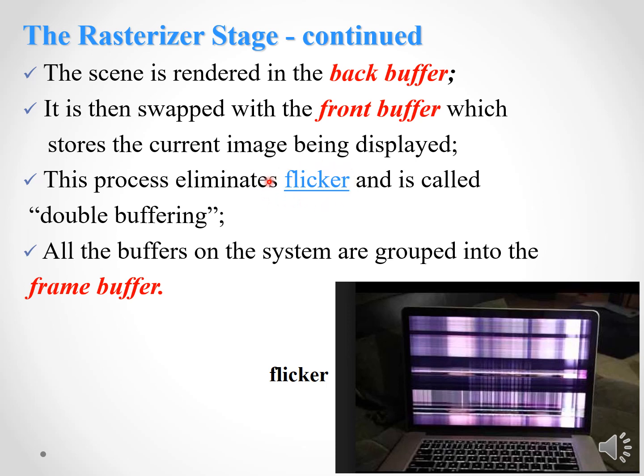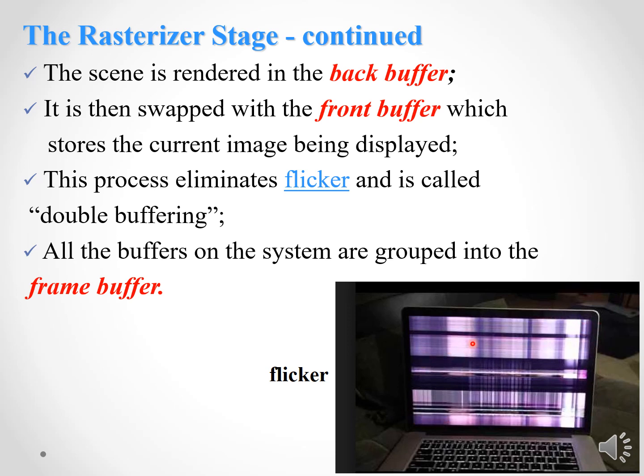What is the flicker problem? Flicker means a visible change in brightness between display cycles on a video display. Okay, with this problem you will see a change in brightness between cycles shown on your screen. So in this figure, I inserted pictures of this flicker problem.